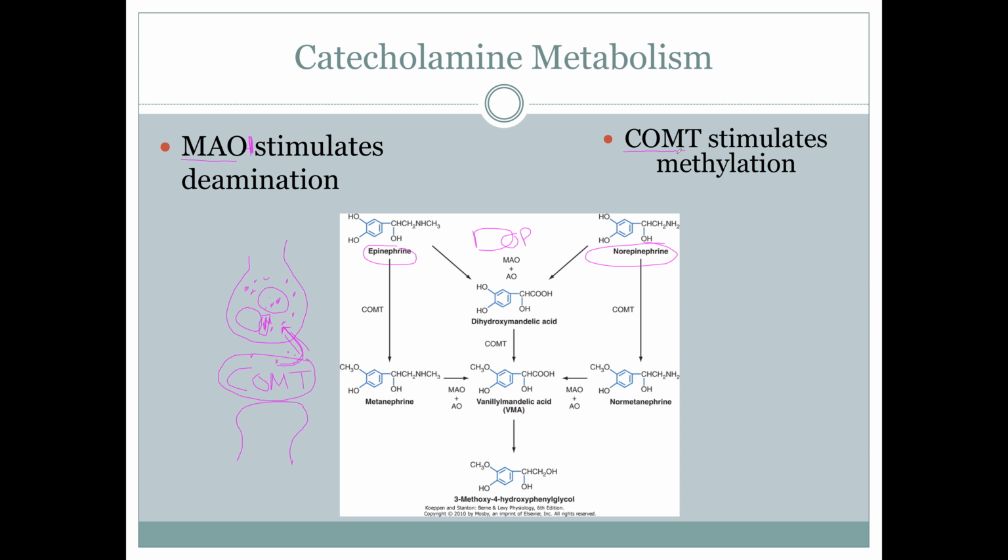There's also COMT inhibitors. So COMT can be inhibited in the same way. We can block the binding site for the neurotransmitter to be degraded through this process, increasing the level of catecholamines, increasing the amount of binding interactions, and then hopefully increasing mood.